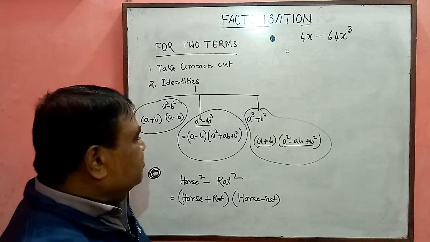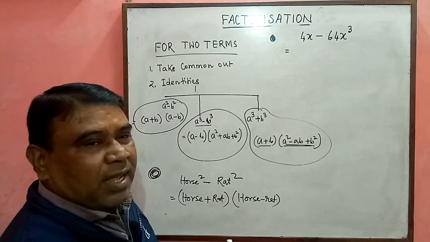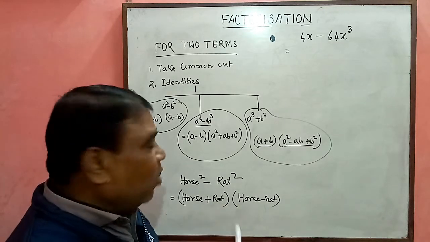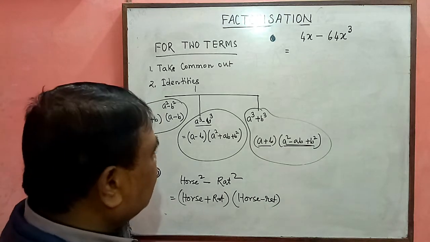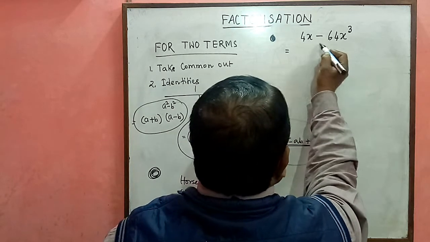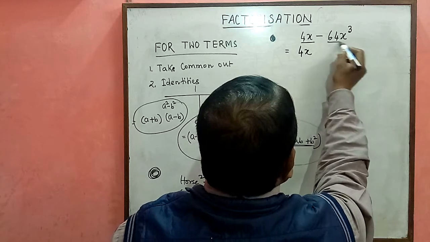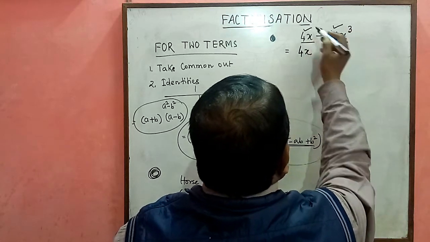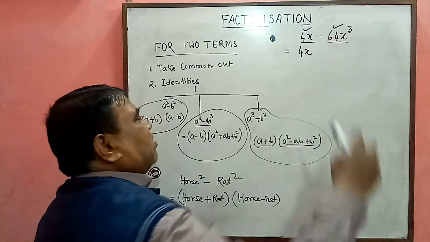I will tell you in detail when I will be discussing algebra and these identities, how these identities appear to us. Okay. Now you take common here, 4x, because these two numbers, first of all, you can take the number 64 and 4, both are divisible by 4.